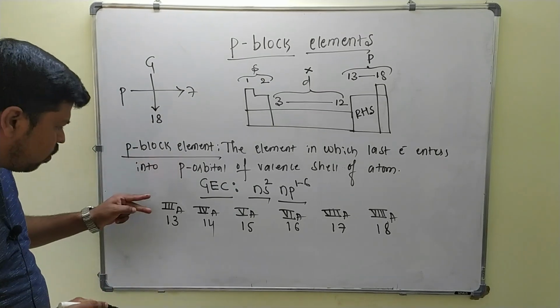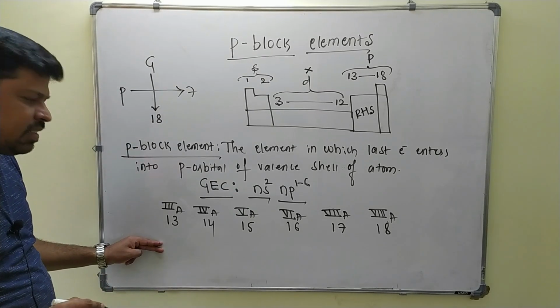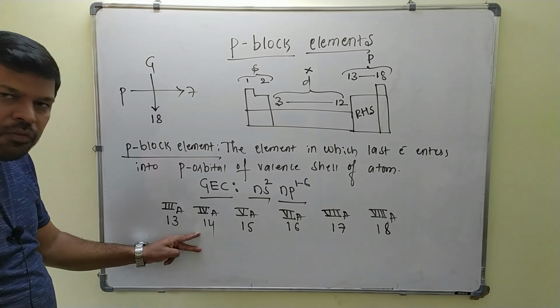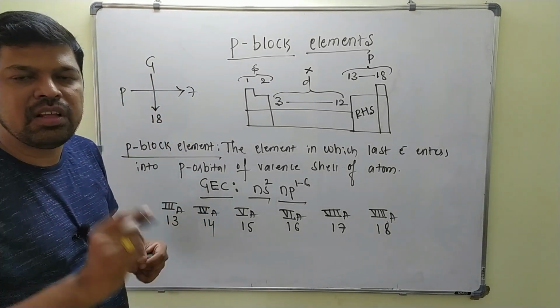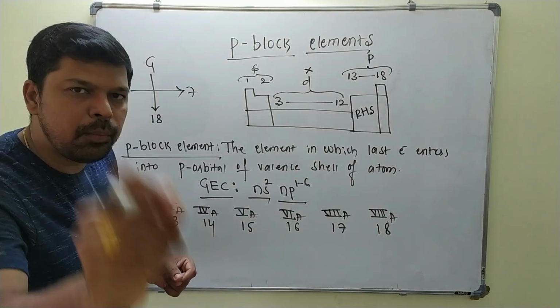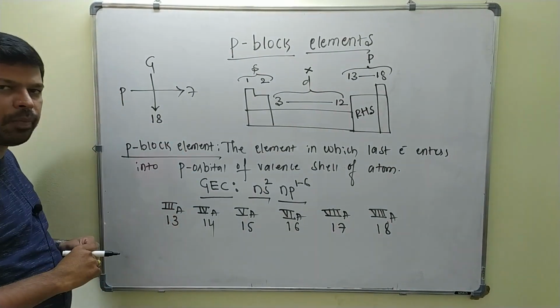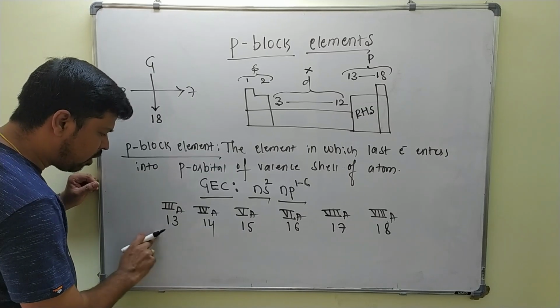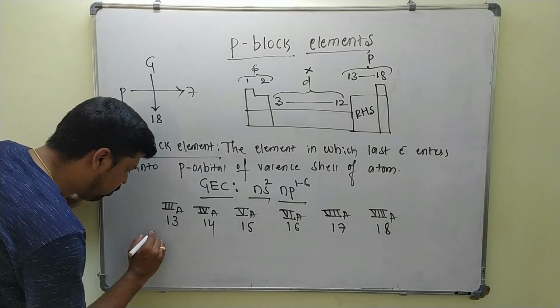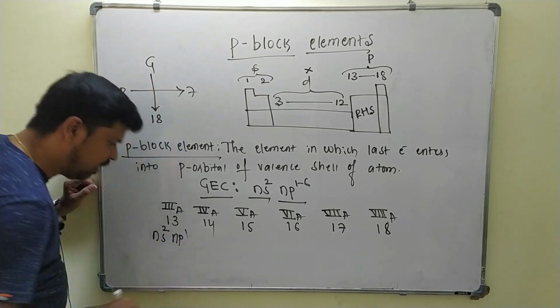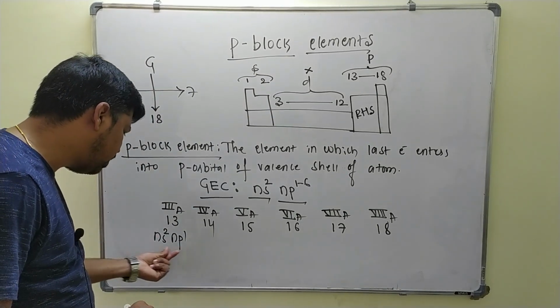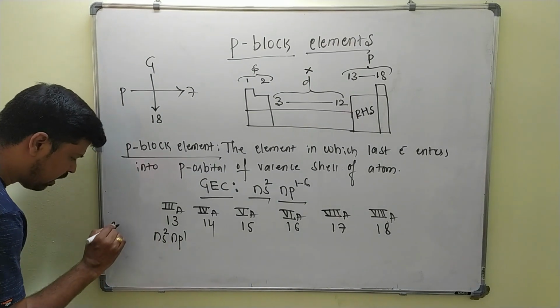Now the number of valence electrons present in the elements of each group will be equal to its group number. Group 3A elements contain 3 valence electrons, group 4A elements contain 4 valence electrons, group 5A elements contain 5 valence electrons. So for group 13 elements, the general electronic configuration is ns2 np1.